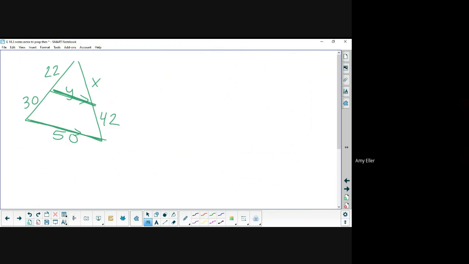You're going to be asked to find x, and you're going to be asked to find y. If the shortcut is one you can do, then do the shortcut.